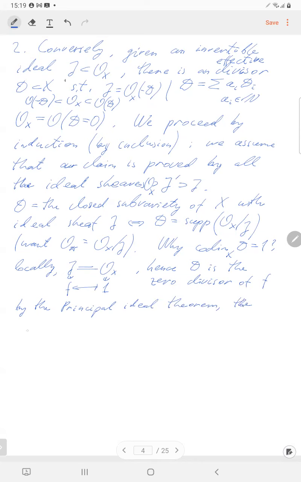The zero divisor of F has codimension 1. So we know that this D is a union of components, but each component has codimension exactly 1.